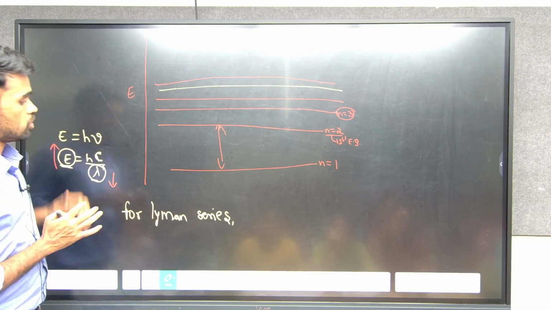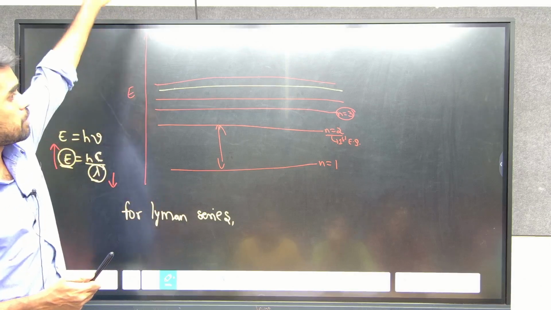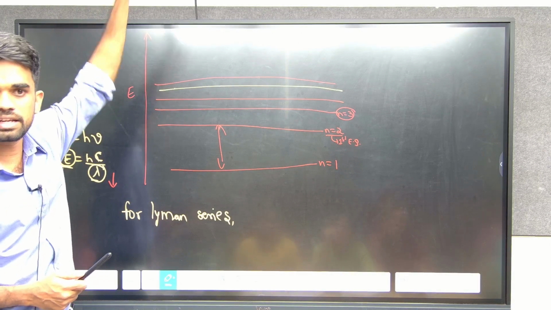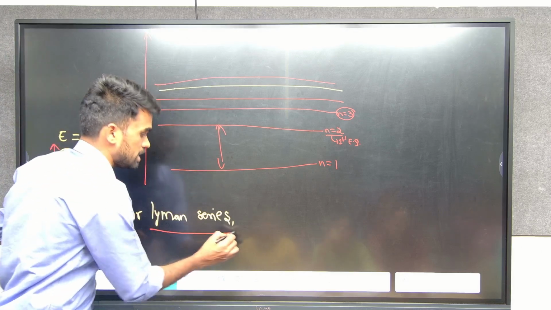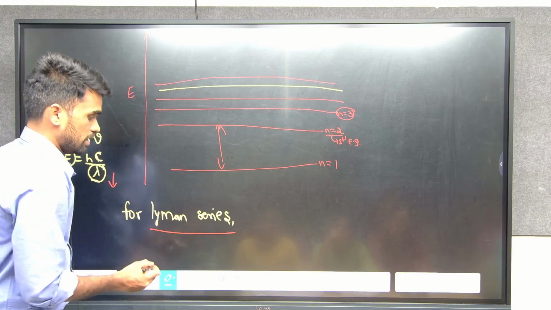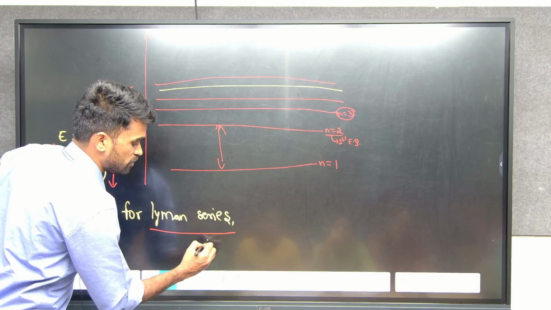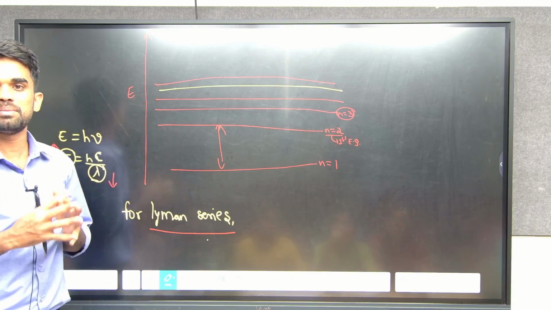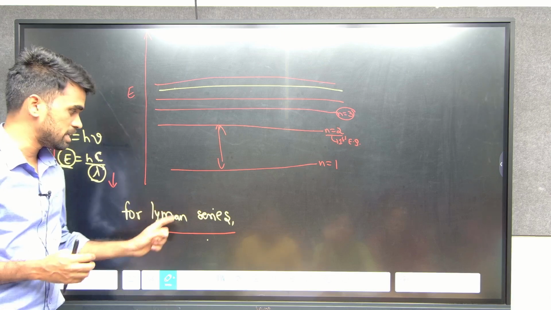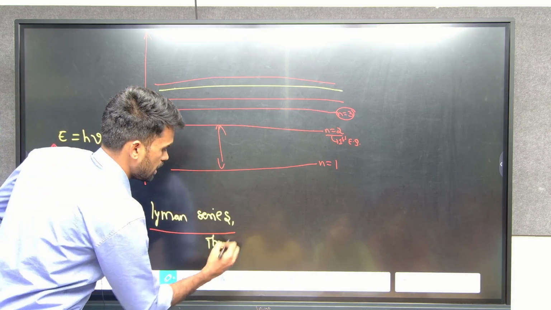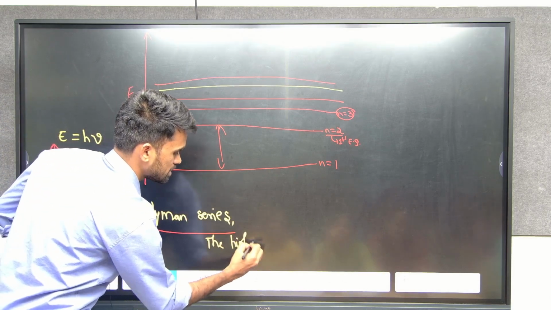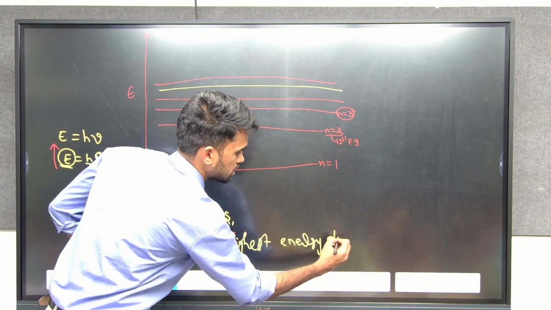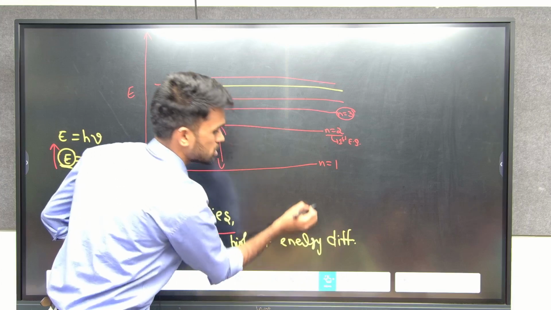Okay. So now what happens as n values increases? Energy also increases. So now for Lyman series, tell me the highest energy difference possible, in which case?